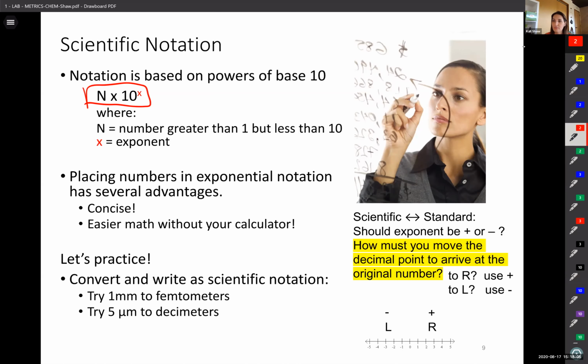And that is going to be an example we're going to work on, right? So it's easy enough to write this scientific notation, knowing that we need to keep the number itself greater than 1 but less than 10.